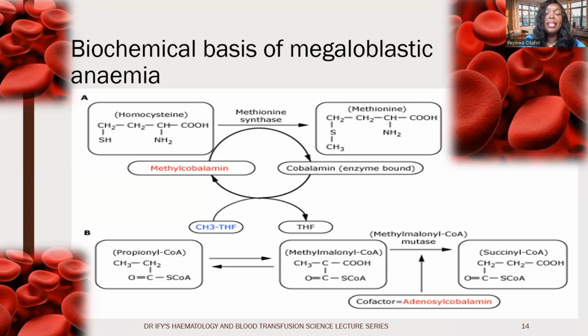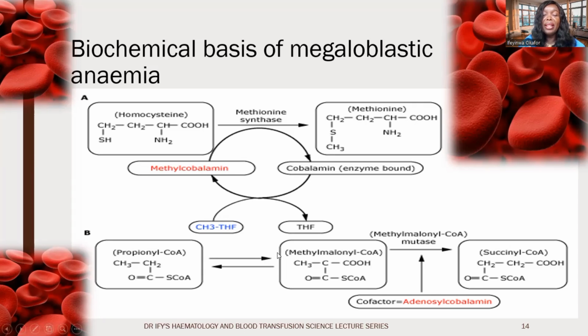This B12 is needed in the conversion of the monoglutamate form of folate, which is 5-methyl tetrahydrofolate, to the active form of folate, which is tetrahydrofolate. It is this active form of folate that is actually involved in one-carbon metabolism, nucleic acid synthesis, amino acid synthesis, synthesis of DNA precursors.